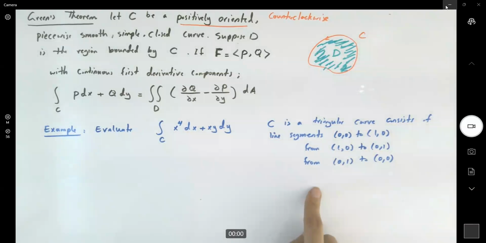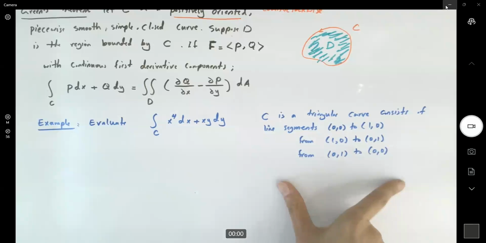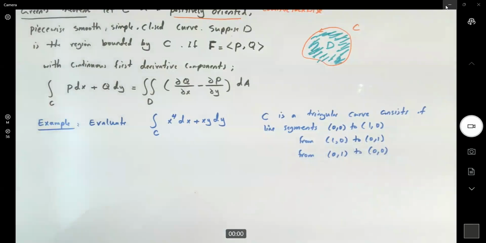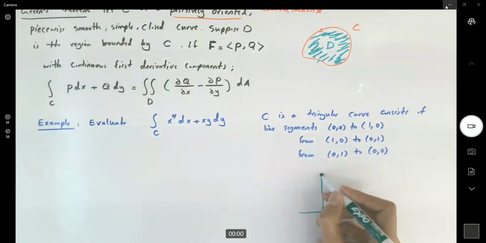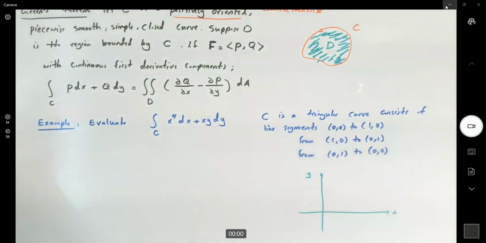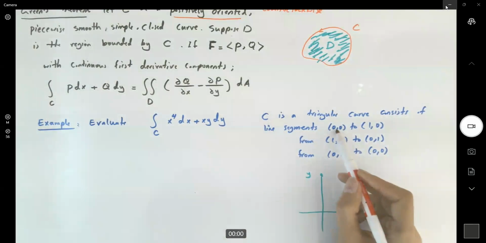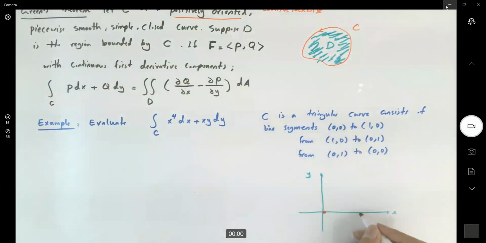Let's see what we have here and how to apply Green's theorem. The very first step is graphing the base. What does the base look like? I have my x-axis and my y-axis, and starting from the origin (0, 0) to (1, 0), this is the very first line segment.